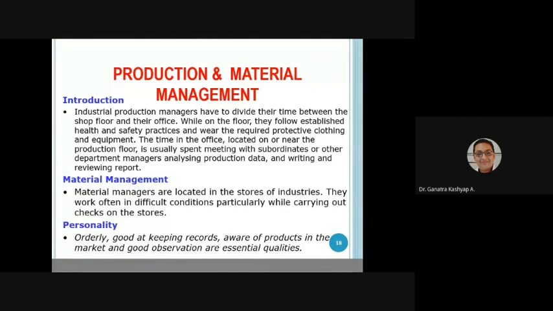You can handle the report writing, coordination, and production part of it, keeping those records and everything. Friends, if this is where you think you are and you wish to take this as a career option, then super specialization in production and material management will really be a strong area to work on.